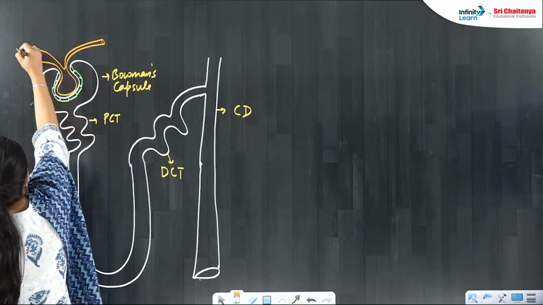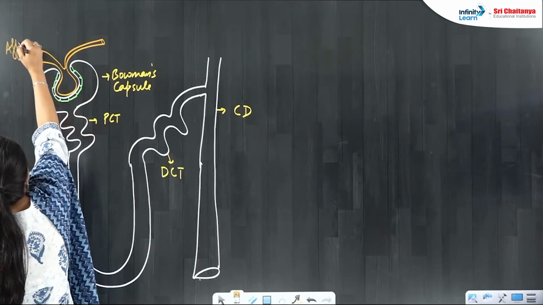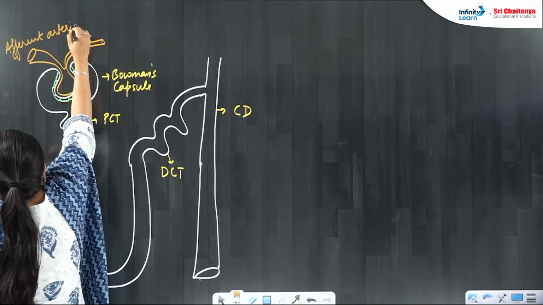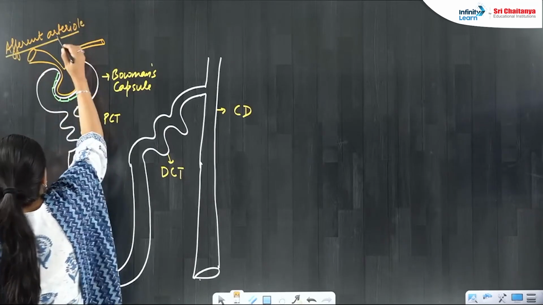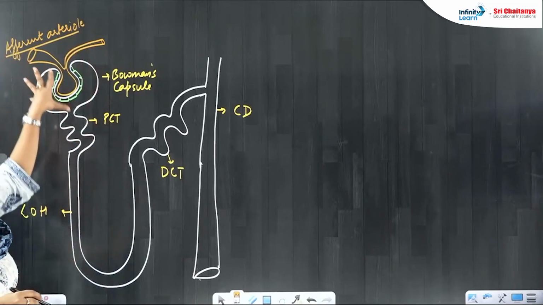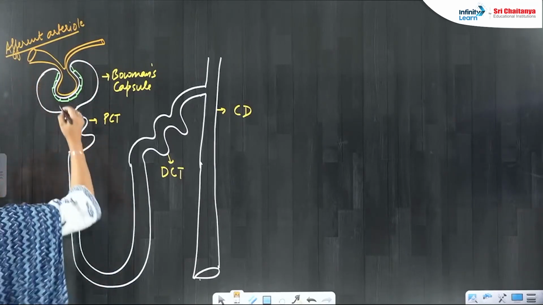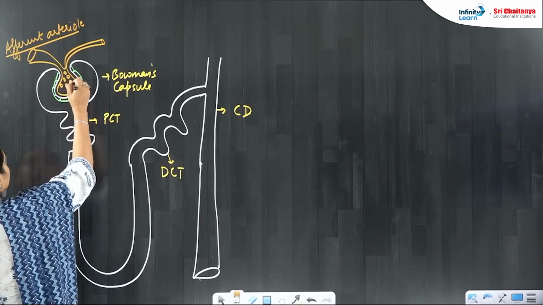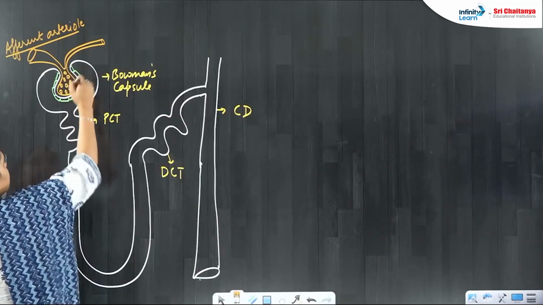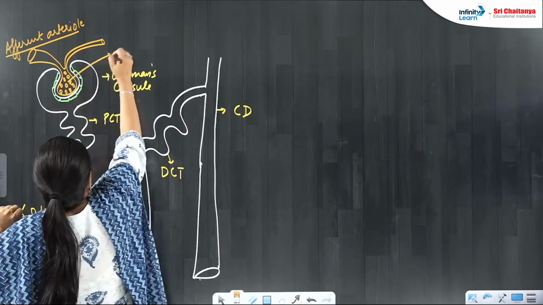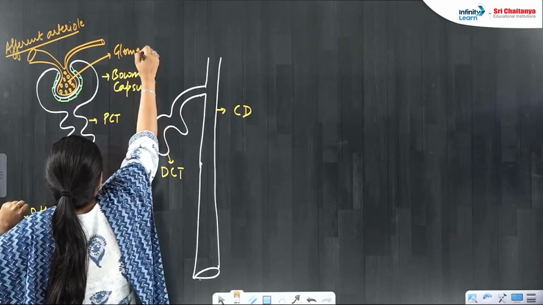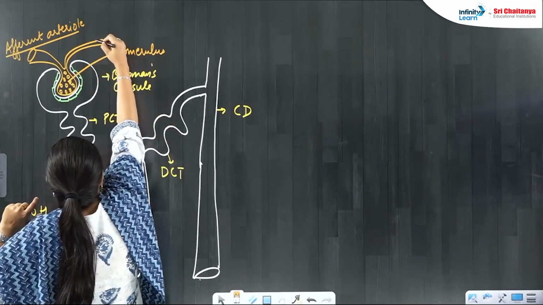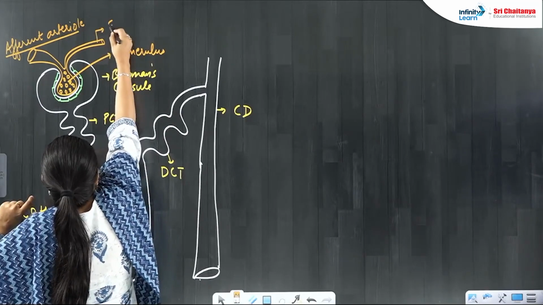This is the afferent arteriole, which comes into the nephron to provide blood. It divides and forms a capillary network, known as the glomerulus. When these capillaries join and come out, they make the efferent arteriole.